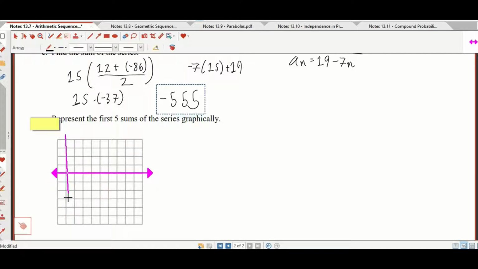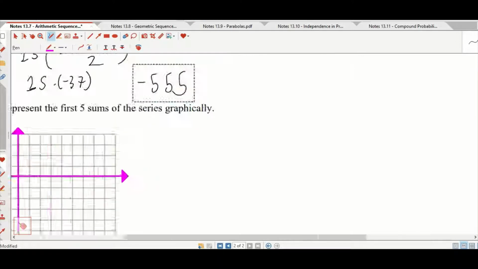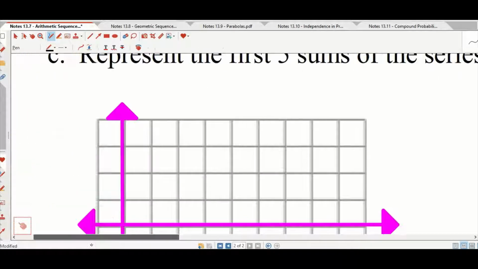Let's try that again, Mr. P. Let me zoom in. 1, 2, 3, 4, 5. So I guess every square should count as 5.